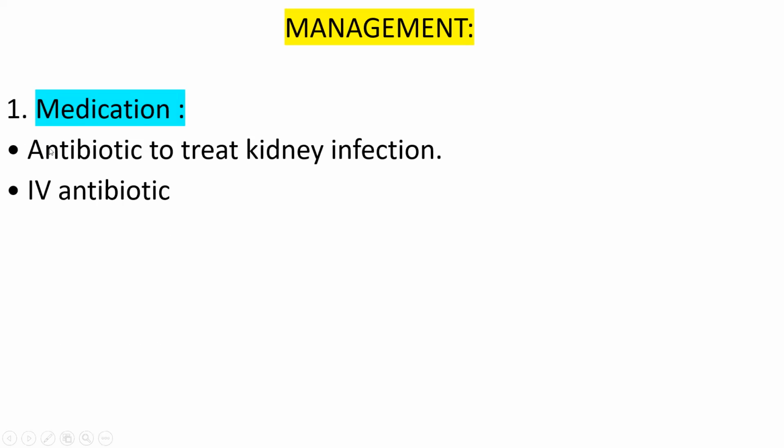You might have a question: in number 1, antibiotic is already given, so why is another IV antibiotic mentioned again? The first antibiotic mentioned is the pill, in tablet form, that you used to take. That is point number 1. And number 2 is IV antibiotic, which we give directly through the vein. IV means intravenous. It is mainly given when a person has a very serious infection. So are you clear on the difference between these two?